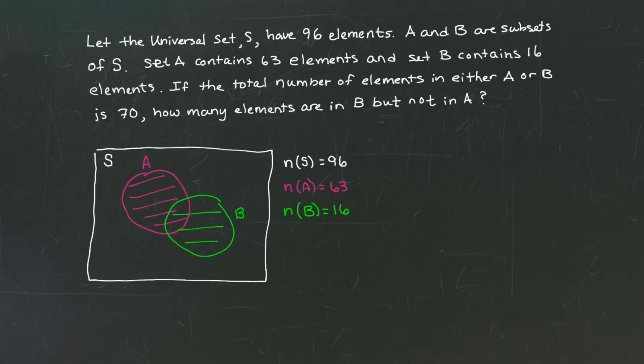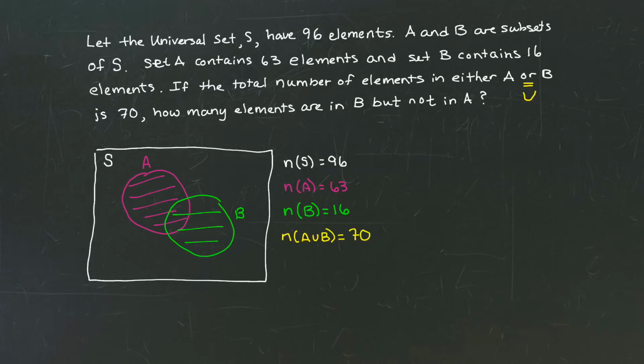Well, I'm told that the total number of elements in either A or B is 70. Now the key word here is or, and when you combine or with set theory, you're usually talking about the union. So when I'm talking about the number of elements that lie in either A or B, what I'm really saying is that the number of elements in the union, A union B, is 70.